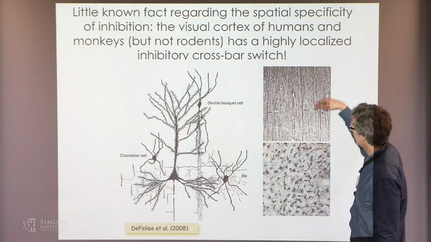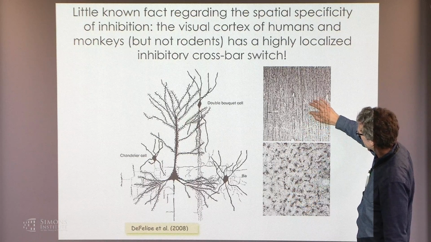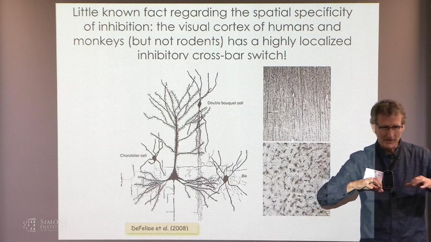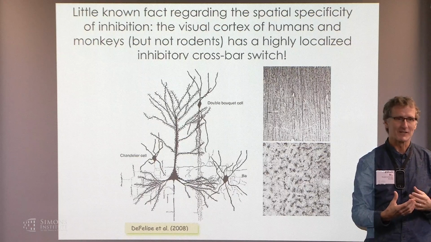Then you move over 20 microns and you get another one. This is a top view of the columns, and this is the side view of the columns of these axons. So they produce this kind of grid of inhibition that targets everything in a localized way.